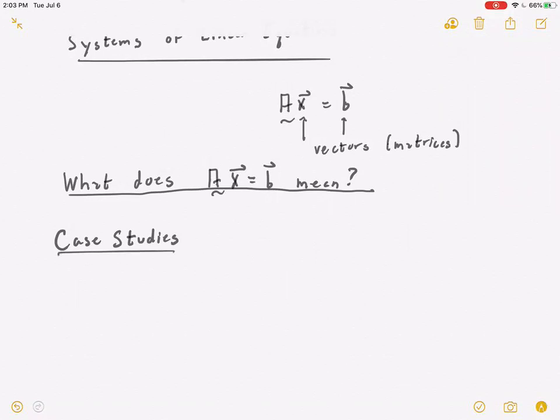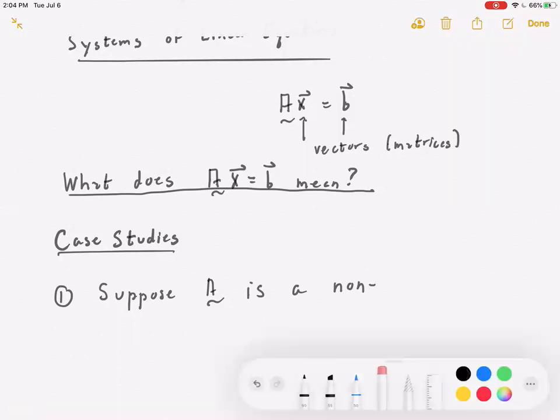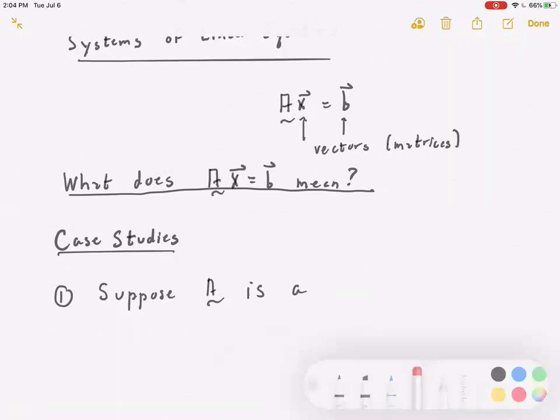So the first case study is where you have A, and I wanted case 1 to be consistent with what we did last time. I want it to be a square matrix, so it's an n by n square matrix.